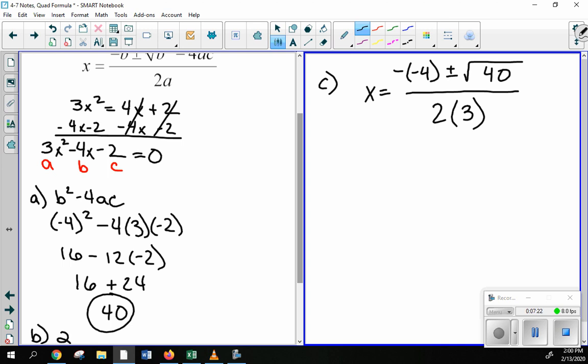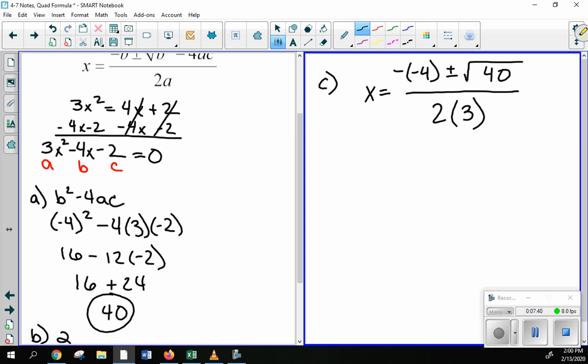Now, once you get to this point, you have to stop and use the skill we learned on Tuesday. Because if you don't, you're not going to end up with the correct answer on Math Excel. Notice how the square root of 40 can be simplified, just like we did on Tuesday on our worksheet.